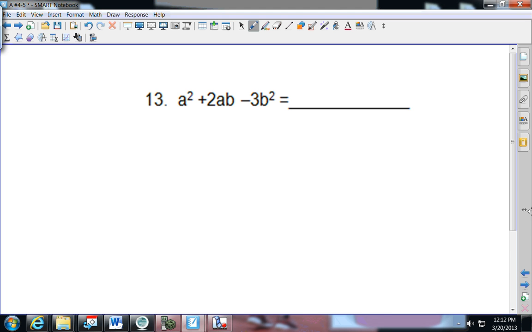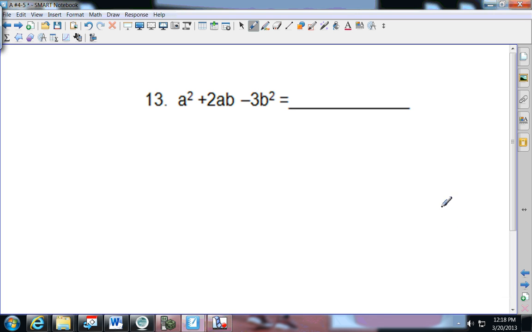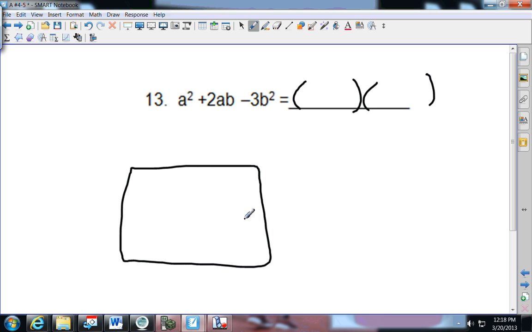Okay, number 13. You can look at it trying to figure out how to do it mentally, or we can go do the box, because there's 3 terms. I know that what's in the first square right here is the first term, so I have a squared. The bottom right, negative 3b squared.